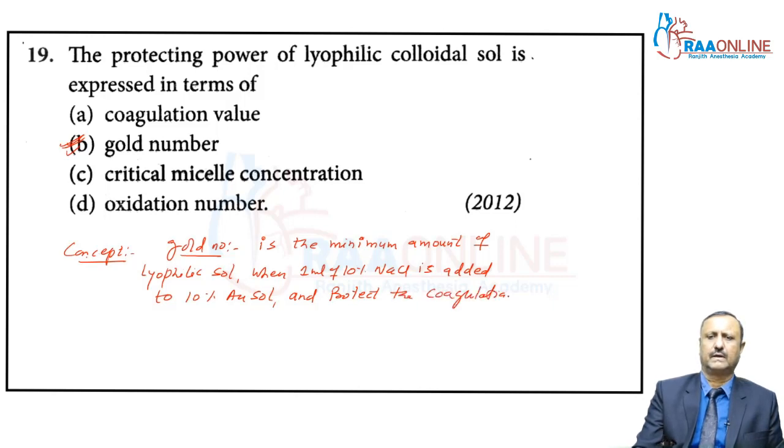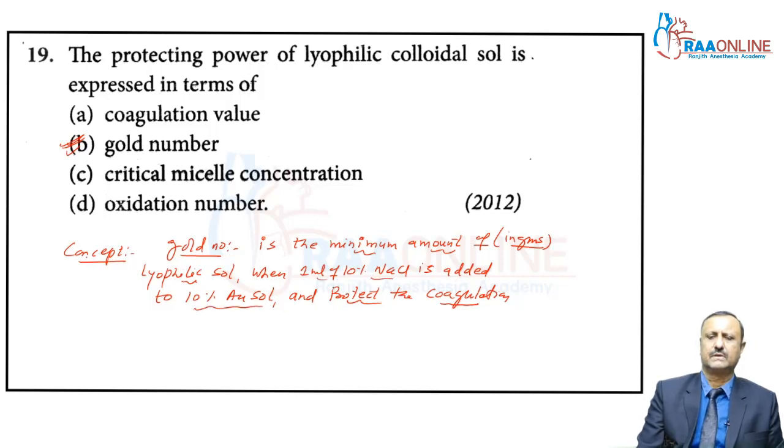It is the minimum amount of lyophilic sol, in grams. So my dear students, gold number is not a number of gold, it is not an oxidation number. Gold number is the protecting power, protecting from coagulation. It is a protecting power when 1 milliliter of 10% NaCl is added to the gold sol.